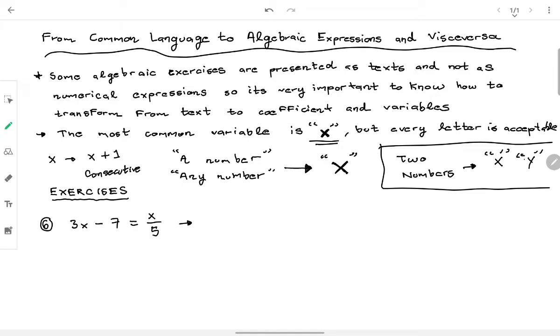In this one, it's an equation, so it will be 3 times a number minus 7 equals 1/5 of the same number.